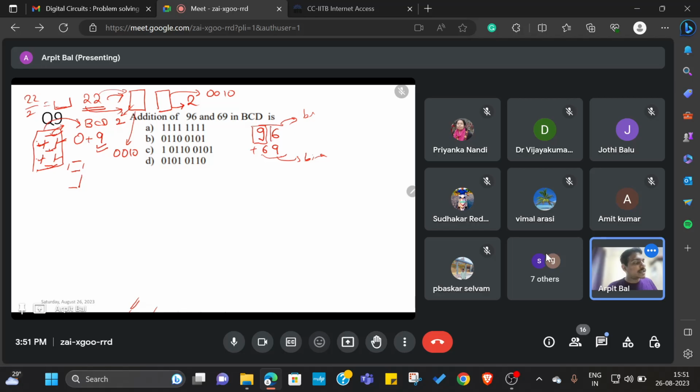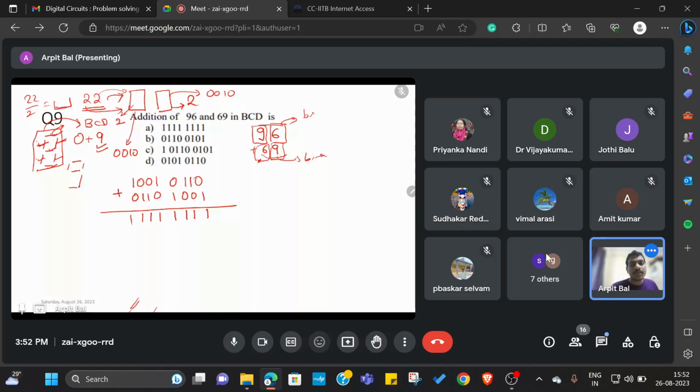So treat each digit separately. 9 will be represented as 1001, and 6 will be represented as 0110. Similarly, this 6 is 0110 and this 9 is 1001, and you have to perform addition of these numbers. So this will be 1111.